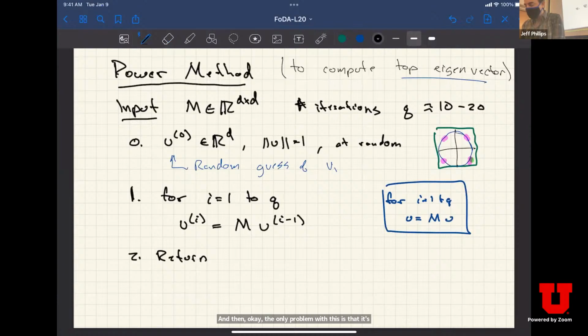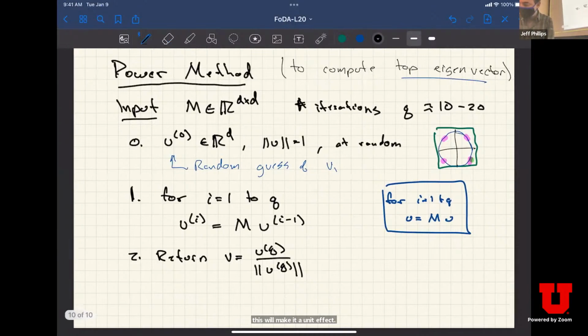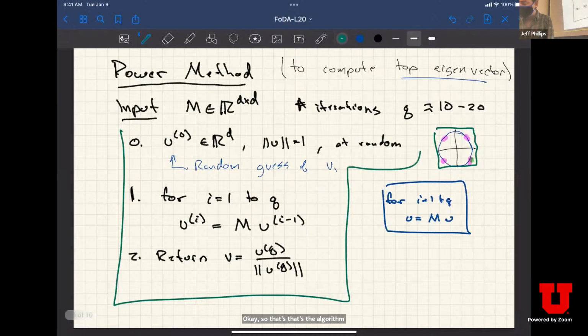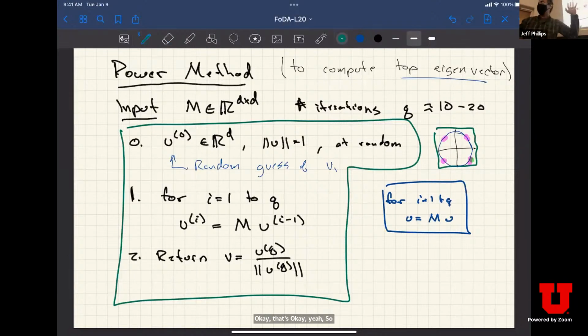So I return U_Q divided by the norm of U_Q, and this will make it a unit vector. Okay, so that's the algorithm. It's pretty short, and short is good.